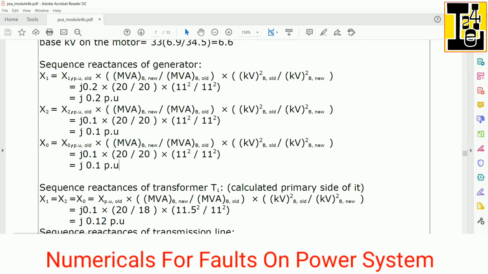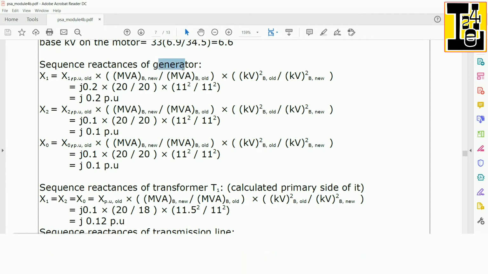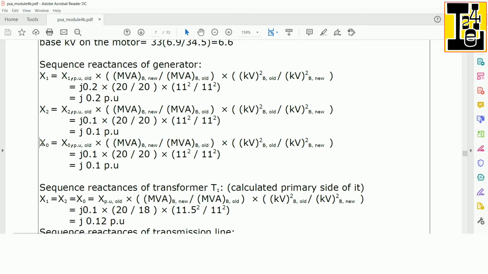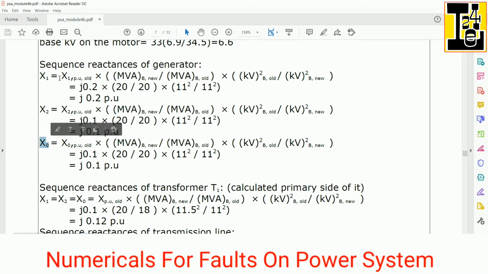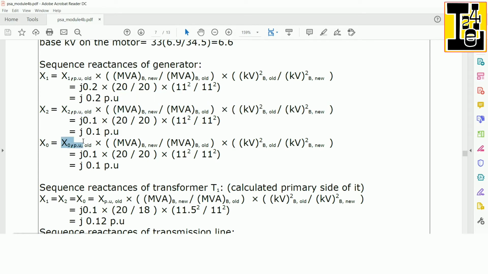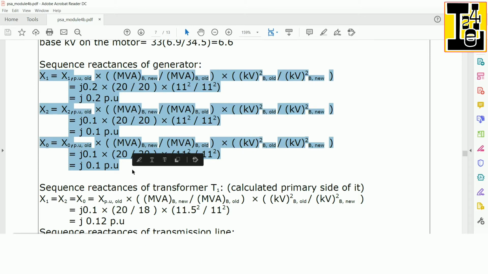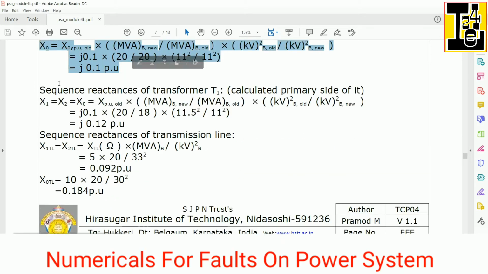So here, for each component of the power system, we need to calculate separately X1 new, X2 new and X0 new. Already we will have X1 old, X2 old and X0 old in the data. By using those data, we need to calculate all the new reactance values.